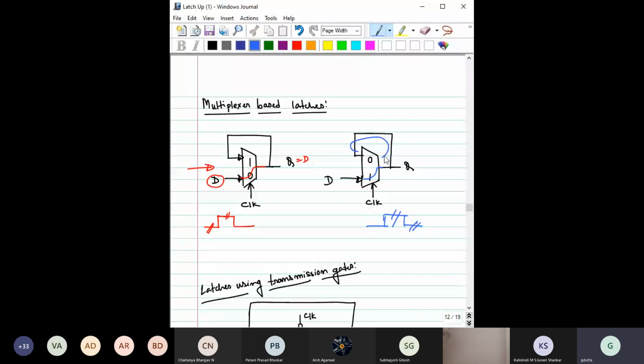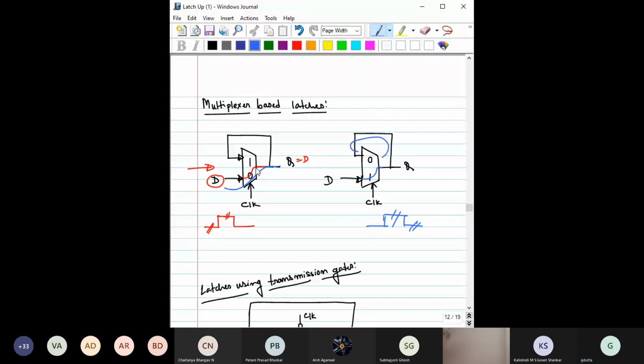So there are basically two states. One is the transparent state, where D is connected with Q, and the other is the hold state, which acts as memory. So you can see from this that a 2-to-1 multiplexer can also be used as a latch. It can remember 1 bit.